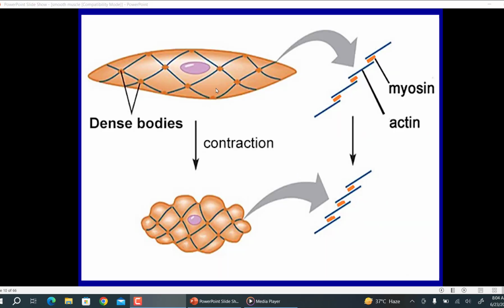Here you can see that this is the smooth muscle cell, and this is in the relaxed state and this is in the contracted state. So the whole muscle cells go into contraction, and when the whole belly contracts, it is called syncytium.